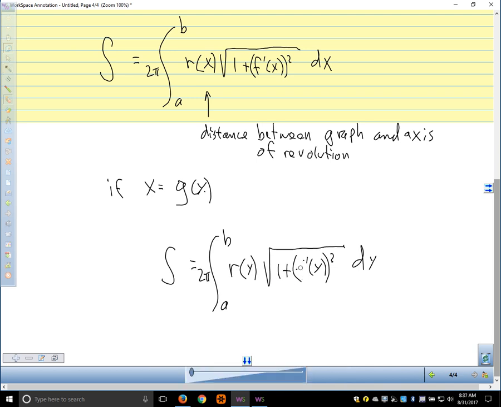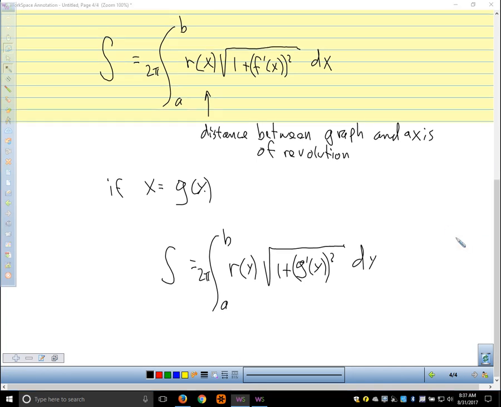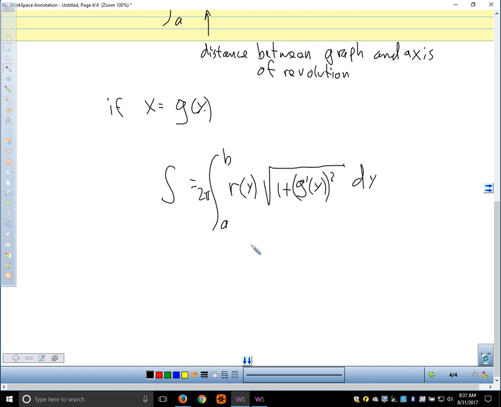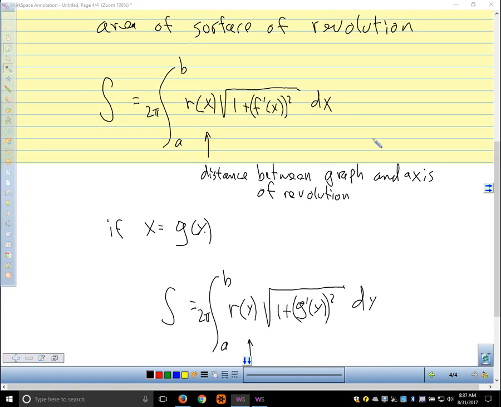Oh, this should be a g. Thank you. And r sub y, again, is the distance from the graph. This is the radius of revolution. So you'd usually use this top one if you're revolving about the x-axis, and you'd use this one for a revolution about the y-axis.